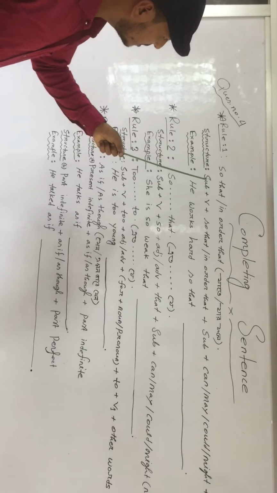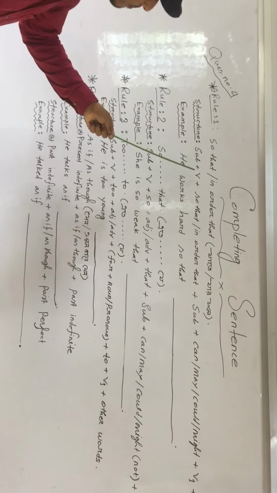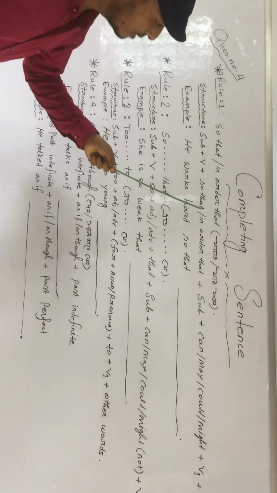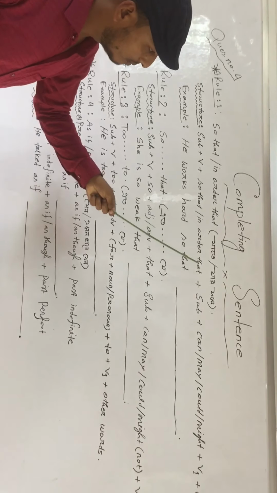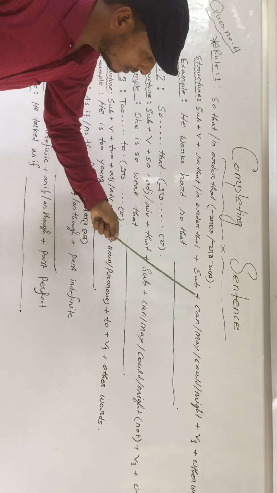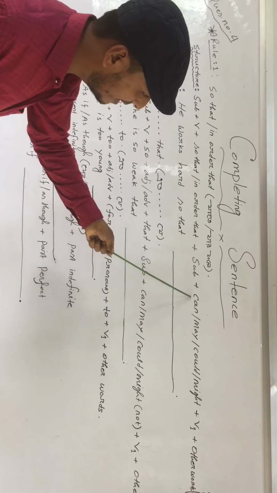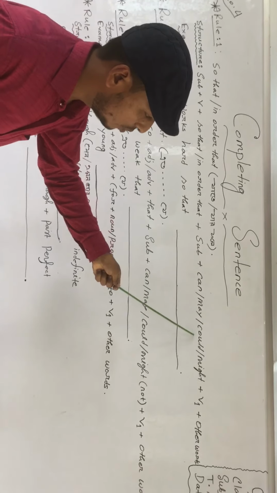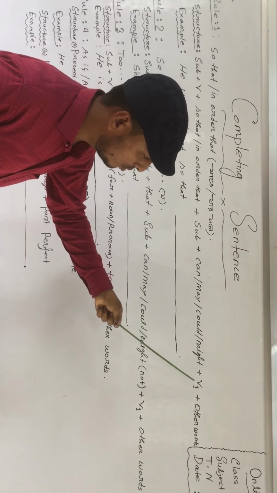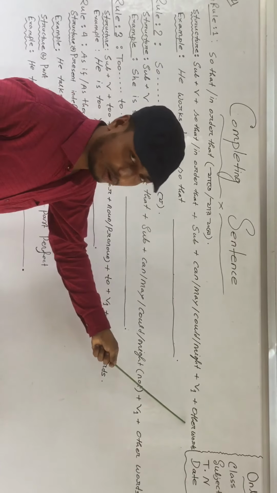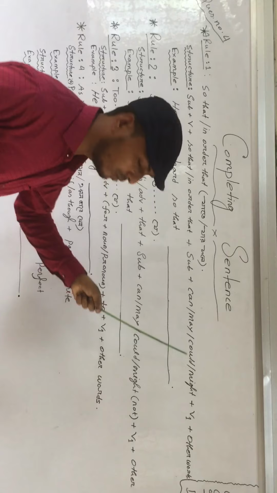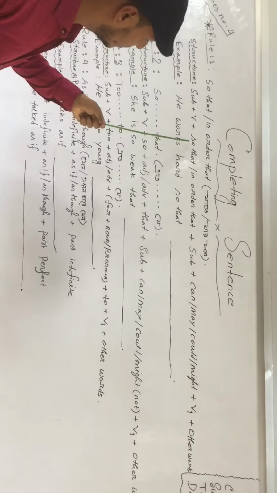The structure is: subject plus verb plus so that or in order that plus second subject, that plus can or may, could or might, plus V1 plus other words. My dear students, you have to memorize the structure.